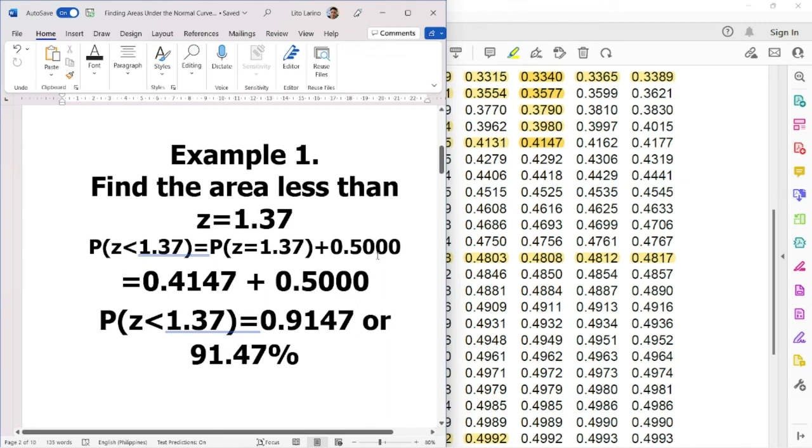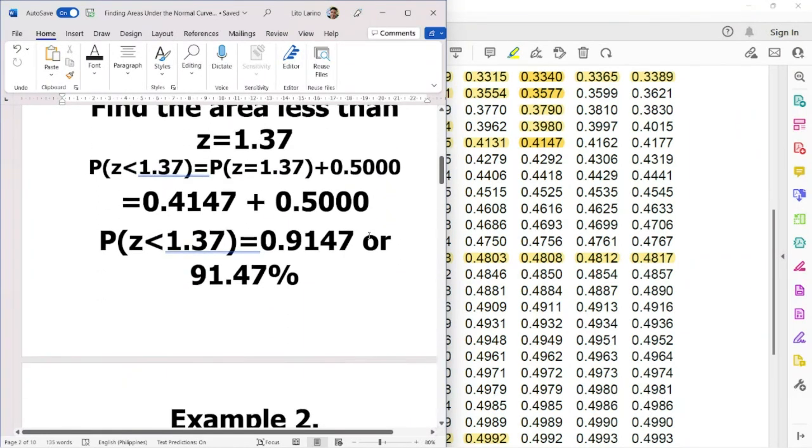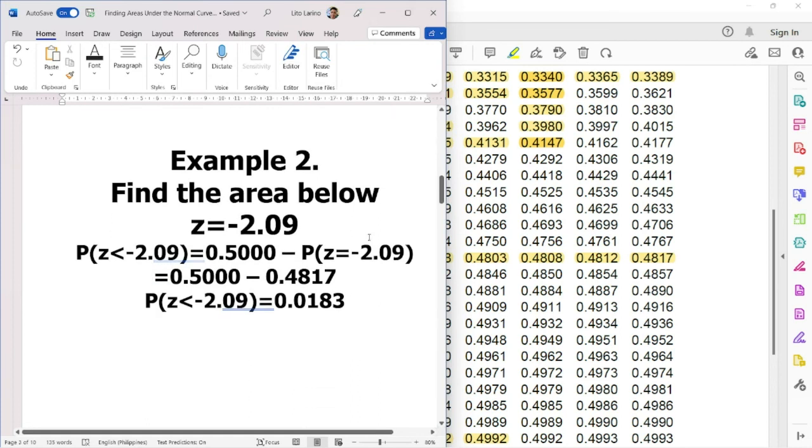However, that happens when the given z-score is above the mean. That is positive. Because if it is below the mean, we are going to subtract. When the given z-score is below the mean, to find the area below it, we are going to subtract the area of the z-score from 0.5000. So you can see it here.